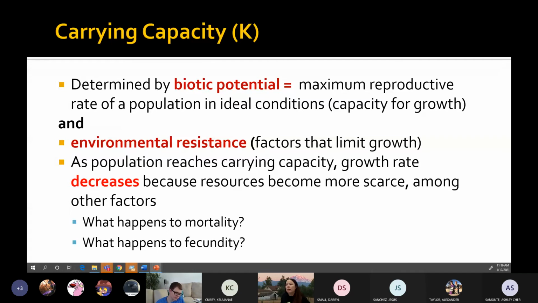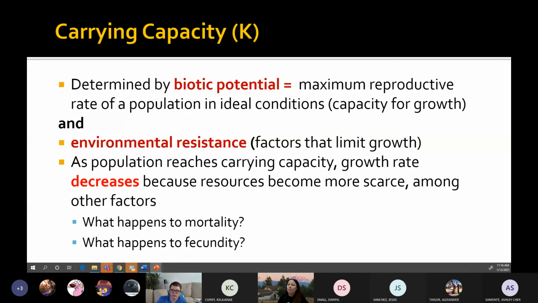With fecundity, up through hitting carrying capacity, you're still going to have lots of babies. And once you hit it, like humans did, we've tapered off, but that was not due to environmental impacts or resources or anything like that.